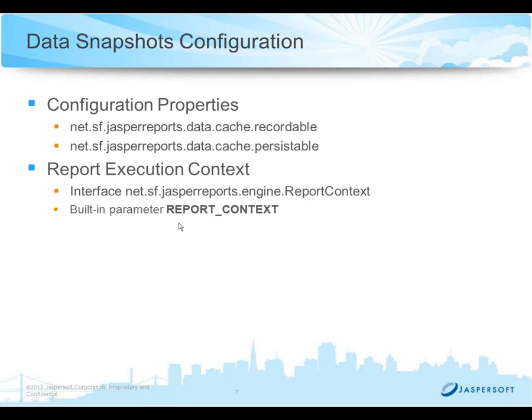It's all about providing a report context object as a parameter when you fill reports with the JasperReports API, because data snapshots are built up in this report context. Once you provide such a parameter to the JasperReports filling process, the data snapshots feature can take over. And that's all I had for the tips and tricks of the day.